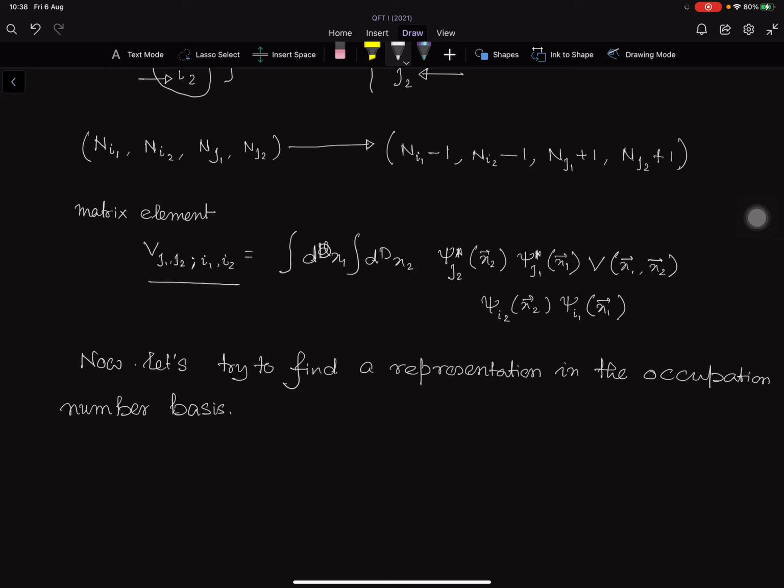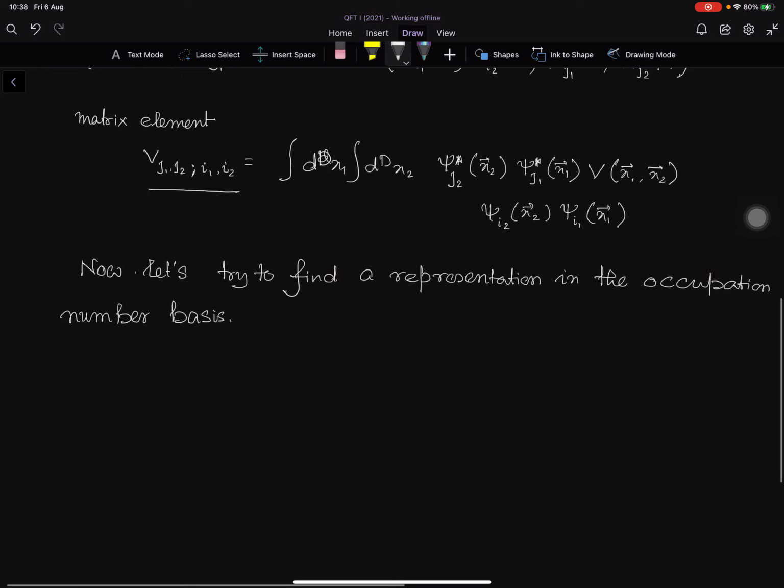In order to do that, we compute the non-zero matrix element, which is something of this form.